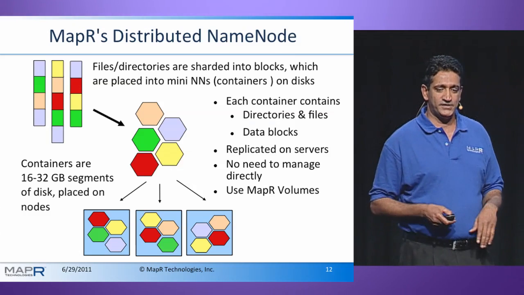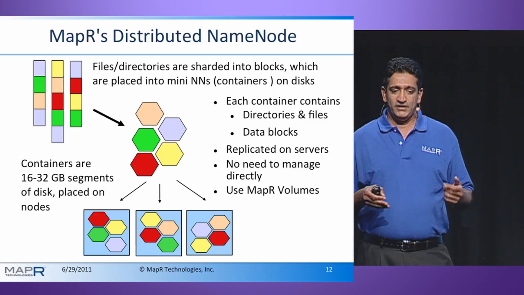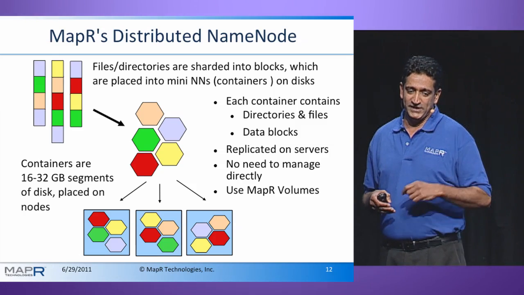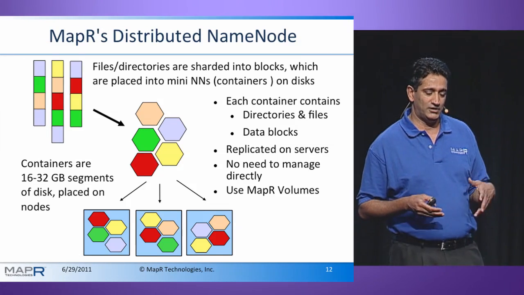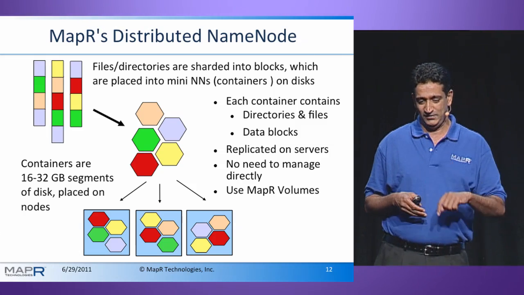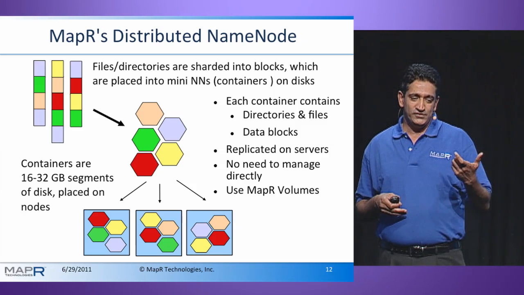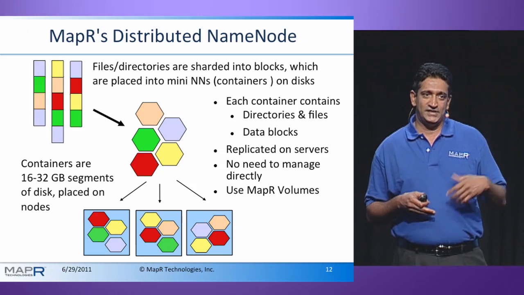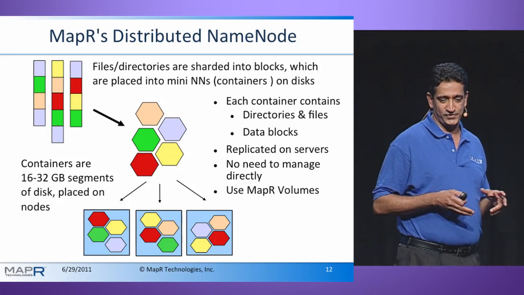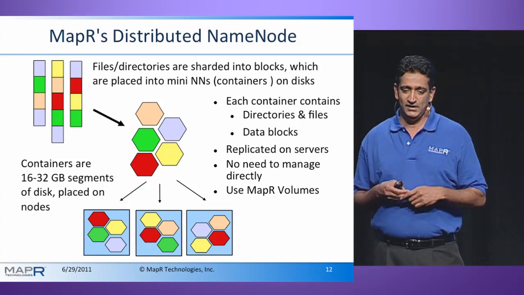So how does MapR's distributed name node work? Basically, files and directories are sharded again into blocks, but we place them into mini name nodes called containers on disks. So as you can see, there are 3 files, and the green little shards can all go into the same container. And each of these mini name nodes contains directories and files and blocks. So it's completely whole. It's replicated on the servers.